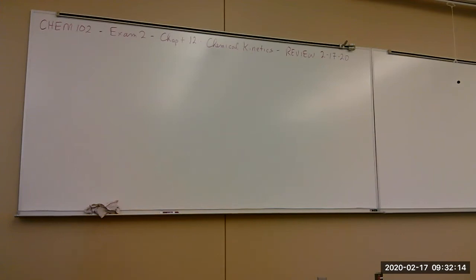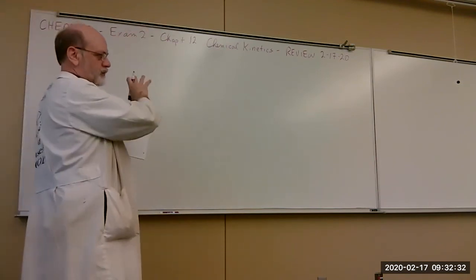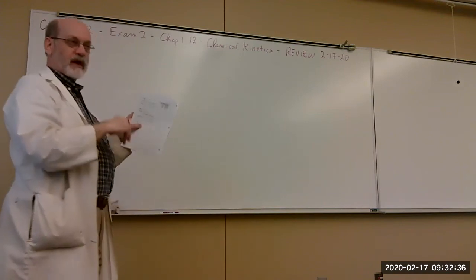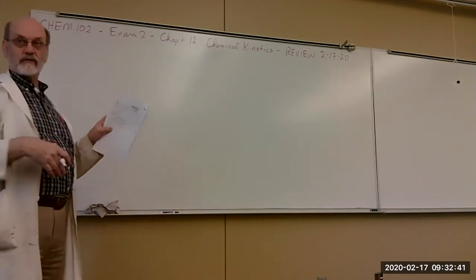And on a test, what I might do is just give you the graphs, right, and have you look at them. Say, look at those graphs. This one is the raw data, this one is log, this one is reciprocal, and you pick out the one that describes the reaction properly.